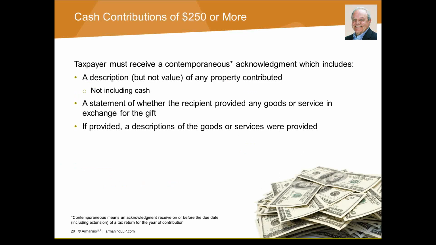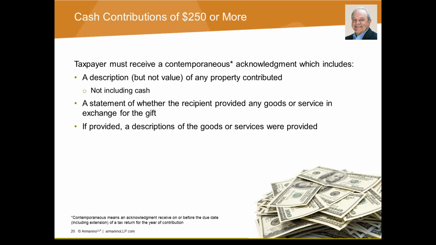Now, as we know, most of us are very familiar with the notion that at $250 or more, the taxpayer has to receive a, quote, contemporaneous acknowledgement, a letter, which basically says, here's what you gave us, and whether or not the organization gave anything back by way of goods or services, and if it did, a description of the services.